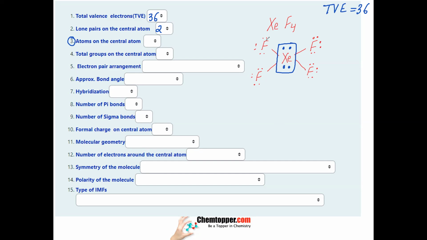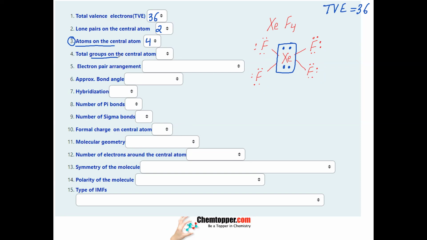How many atoms? 1, 2, 3, 4. Yug, why did you say 1? You must be understanding some in very wrong manner. Is it clear? No, no, no. Atoms on the central atom. So there are 4.